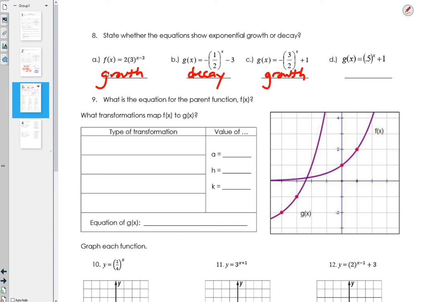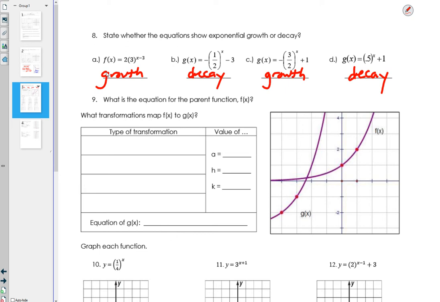Growth. How about the last one? Decay. 0.5 is less than 1. That's a point. I would hope by now you know how to identify which numbers. Any questions on that one?